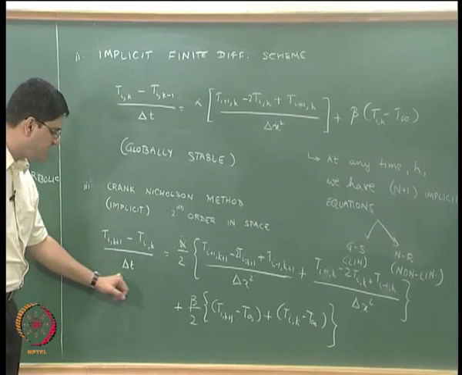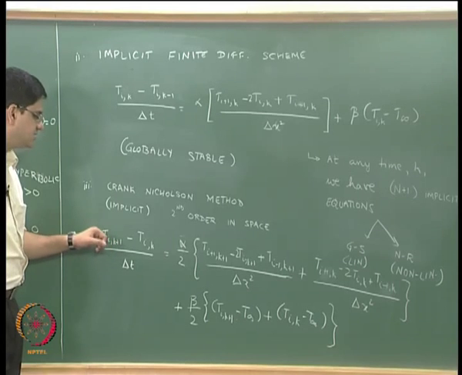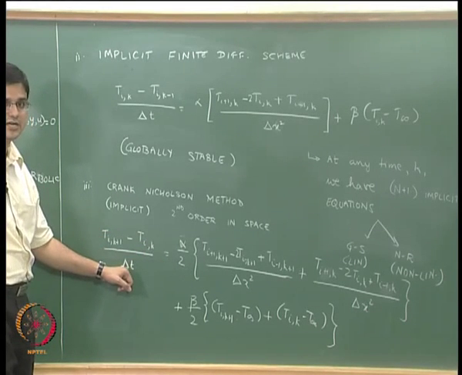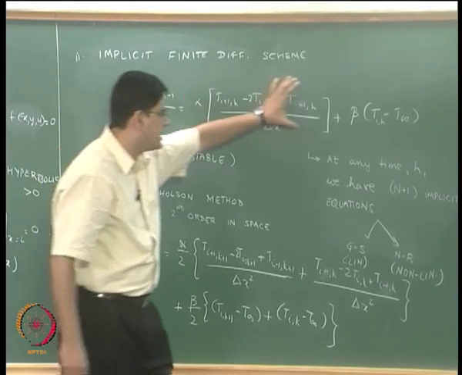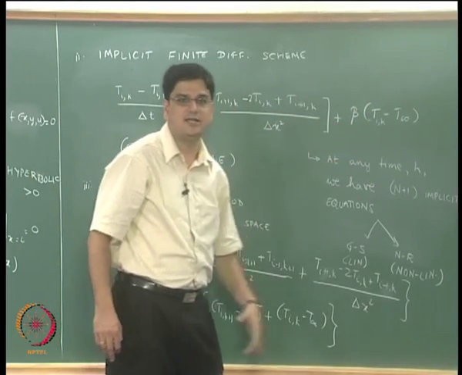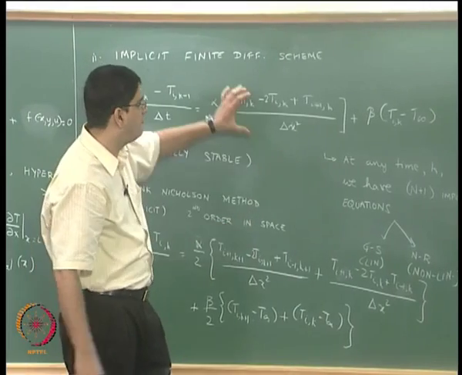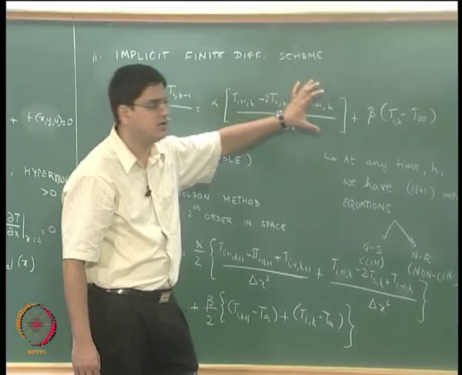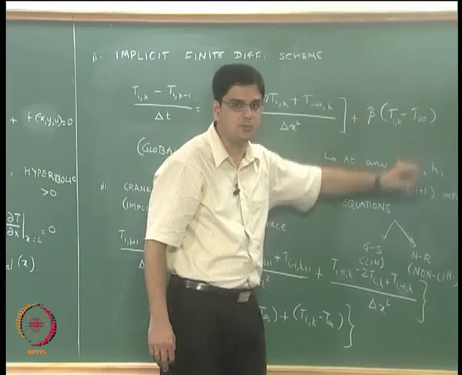So dT by dt we are writing as T(i,k+1) minus T(i,k) divided by delta t. Okay, and this right hand side expression we are going to write as an average of this expression computed at time k plus 1 and the expression computed at time k.